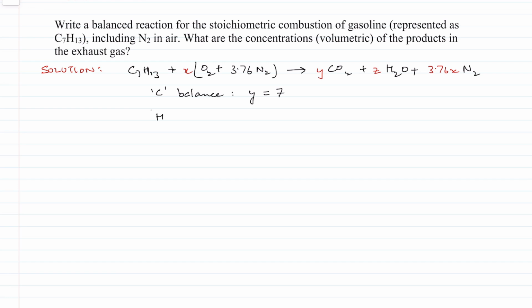If we do the hydrogen balance, here we can see there are 13 on this side, so 13 is equal to 2 times Z, which implies that Z is equal to 6.5.